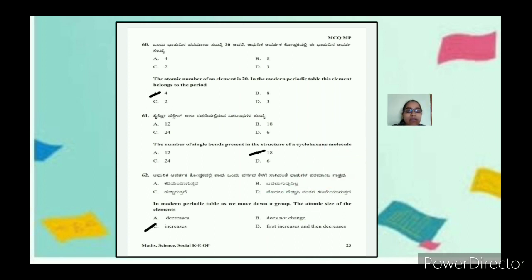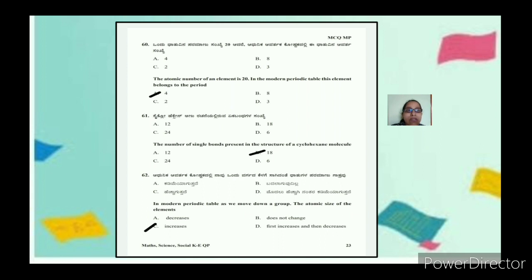So the next one, the atomic number of an element is 20. In the modern periodic table, this element belongs to period. So you need to refer to the periodic table and you need to be familiar with the group and the period.